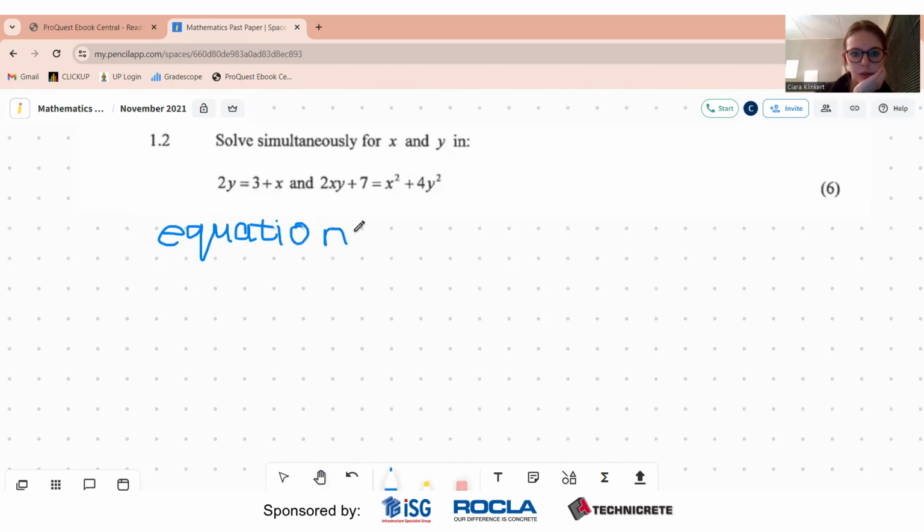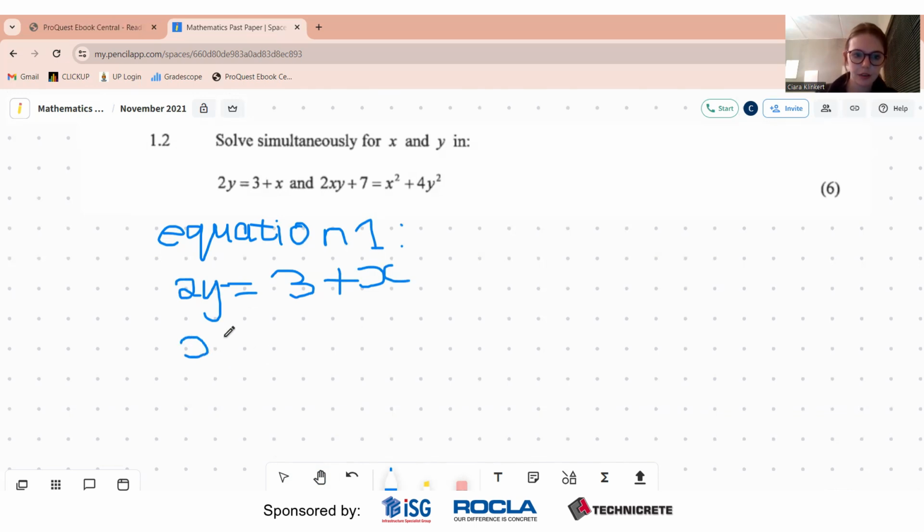Equation 1. And here, your equation 1 is always going to be the equation with the simplest form of x or y, where you're going to isolate a variable. So that is actually the first equation. 2y is equal to 3 plus x.